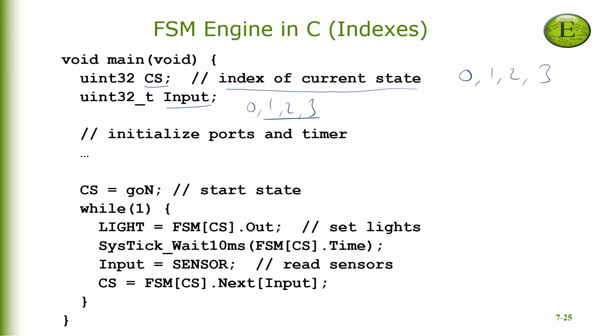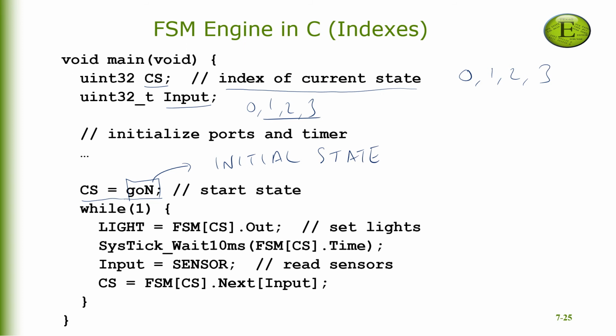Remember, the input was coming in from the sensor. There was a 2-bit input, so 4 numbers. We start by assigning GoN to the current state. This is our initial state, or the start state.